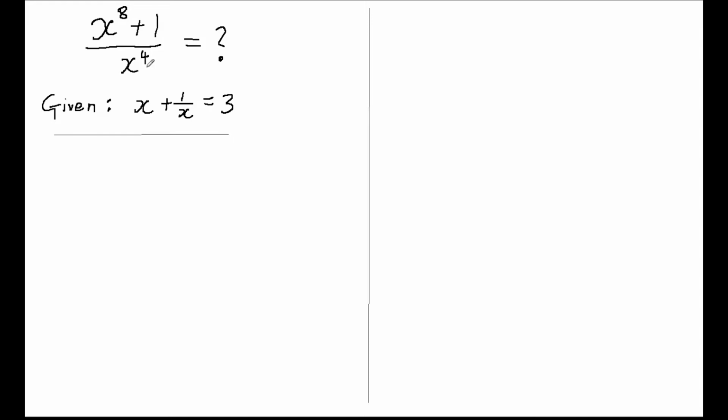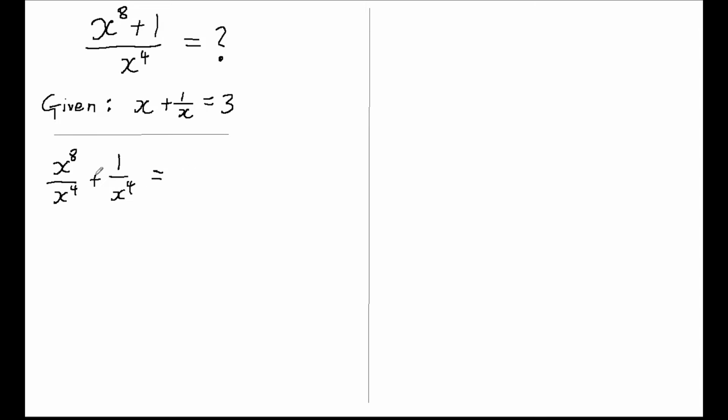So first of all, let's divide x to the 4 into the above. So we get x to the 8 over x to the 4 plus 1 over x to the 4.